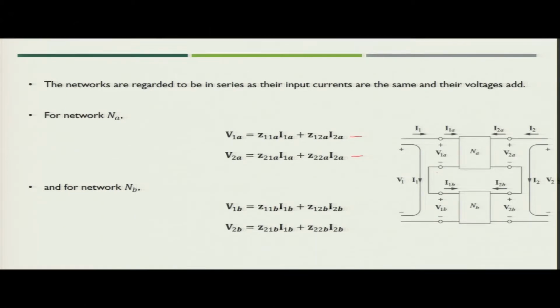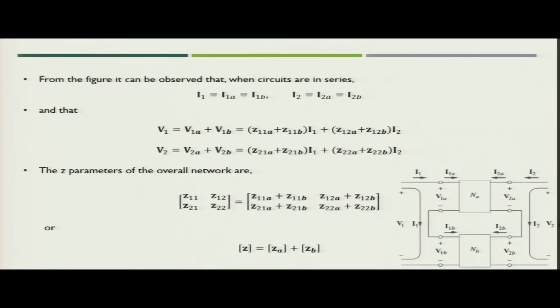So these two equations we can use to simplify the four equations which we wrote independently for network A and network B. Since I1 is equal to I1A and I1B, similarly I2 is equal to I2A and I2B, and V1 is V1A plus V1B, we will put the values of V1A and V1B and simply replace I1A and I1B with I1, and I2A and I2B with I2.